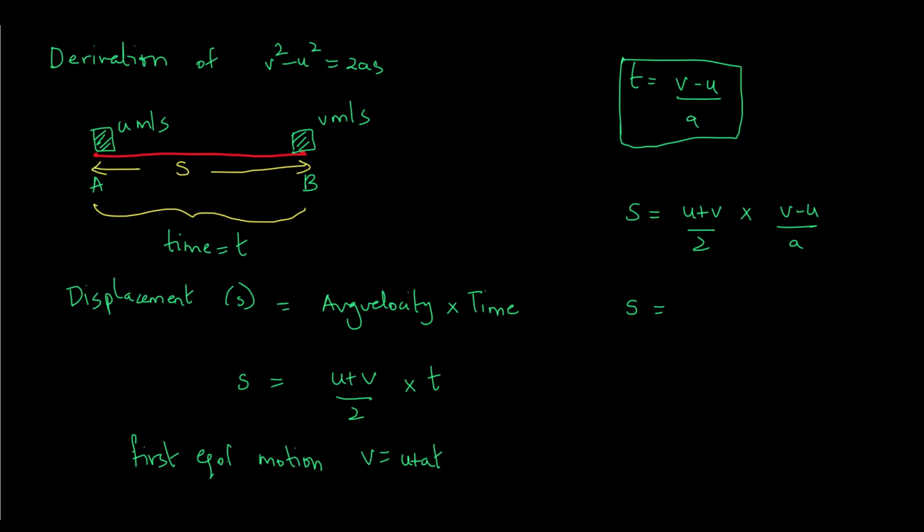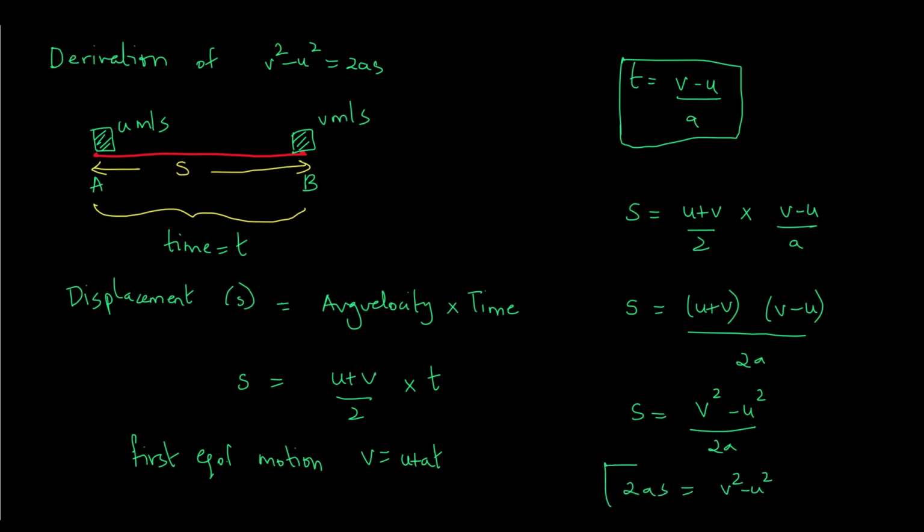So s = we get (u + v) and (v minus u), nothing but (a + b) into (a minus b). So s = (v square minus u square) by 2a. Therefore 2as = v square minus u square. This is how we solve our third equation of motion.